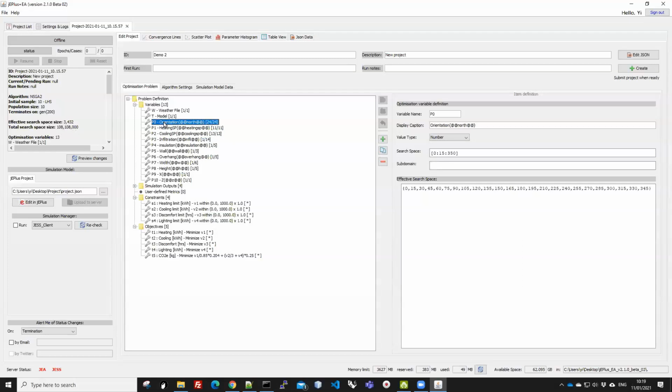But with only the first three, the orientation, the heating set point, and the cooling set point, we have something like 3,400 different possibilities. Now, since the search space is fairly small, 3,000 is actually a tiny search space, we could use a full parametric run.